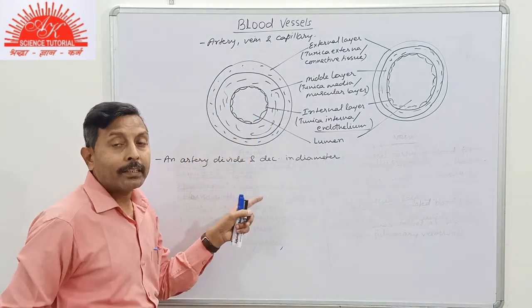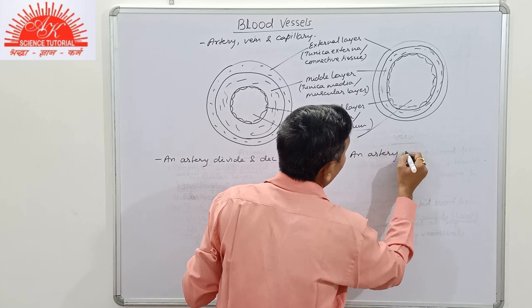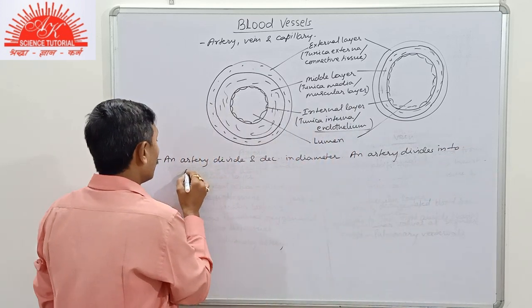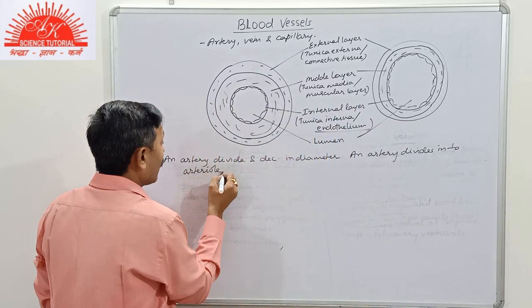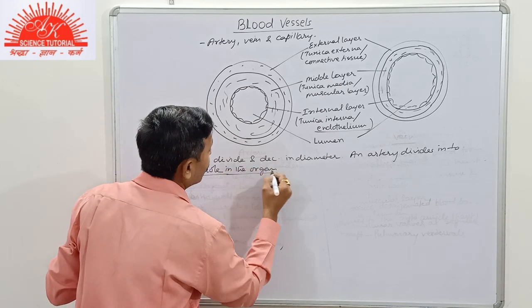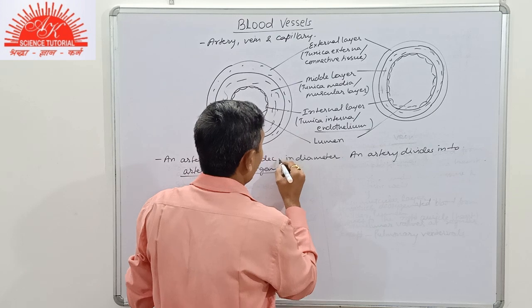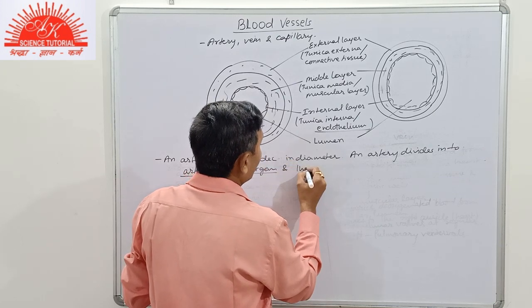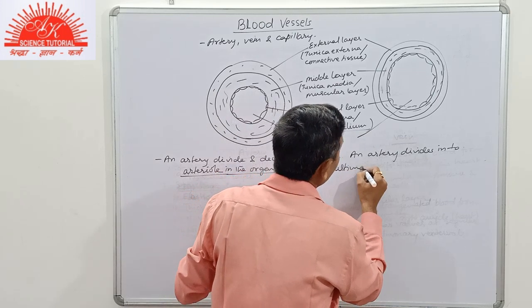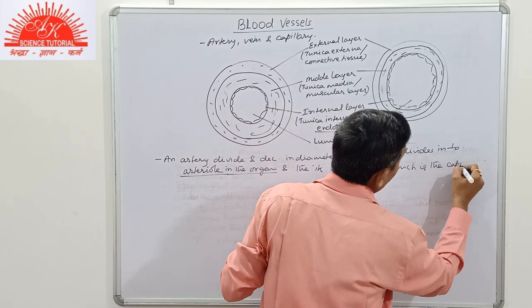In an organ, the artery divides into arterioles, which further divide, and the ultimate branch is the capillary.